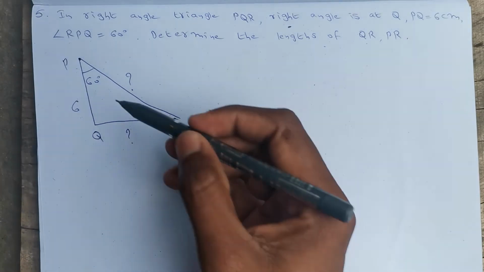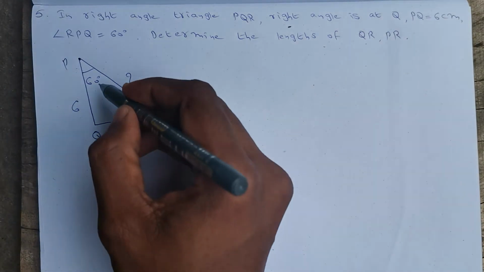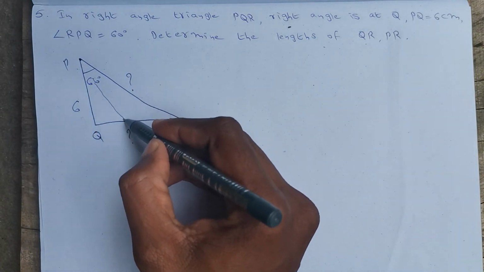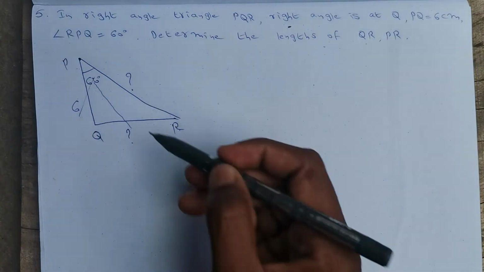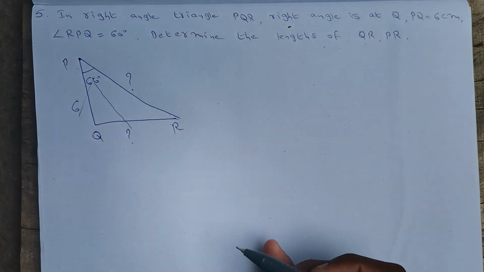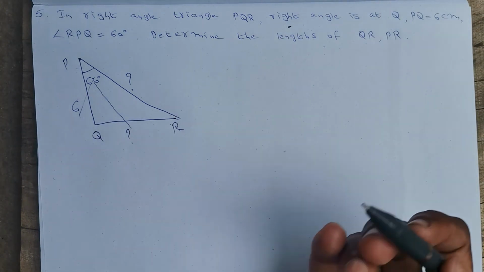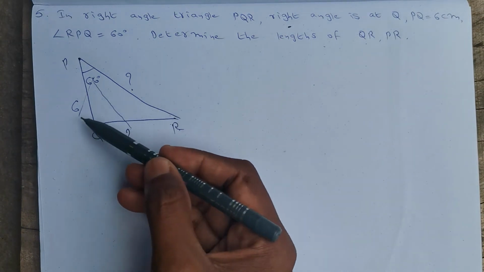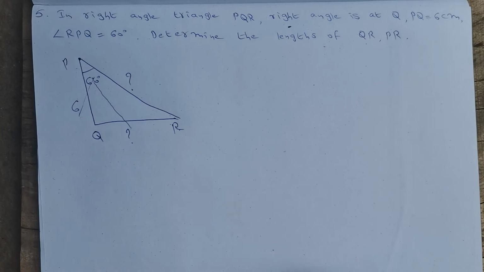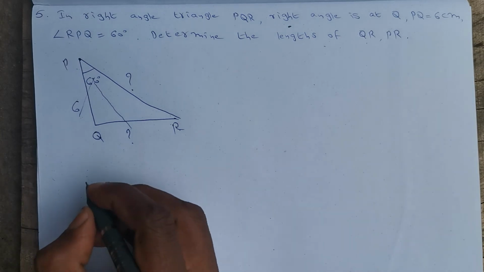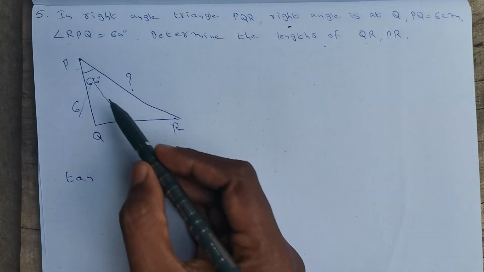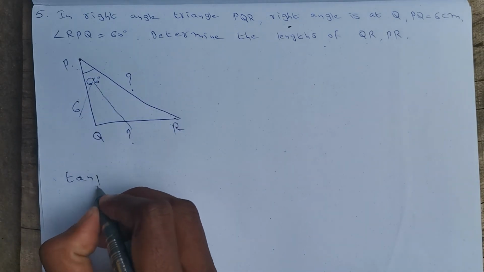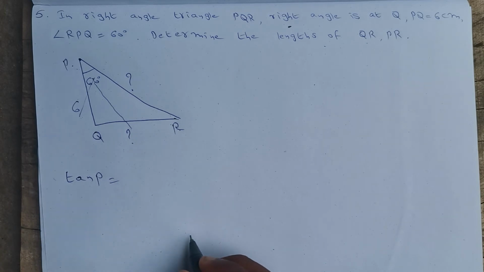So here 60 degrees is given. For this 60 degrees, this is opposite and this is adjacent. So which trigonometric ratio will discuss about opposite and adjacent? It is tan as well as cot. Tan P is equal to opposite divided by adjacent.